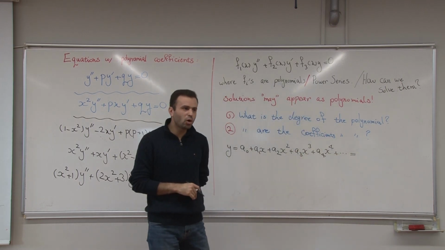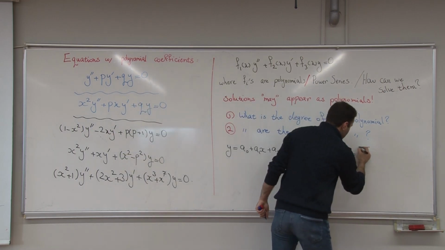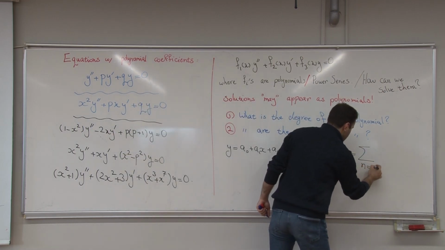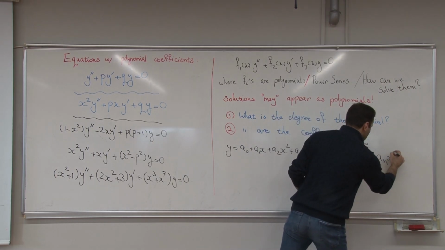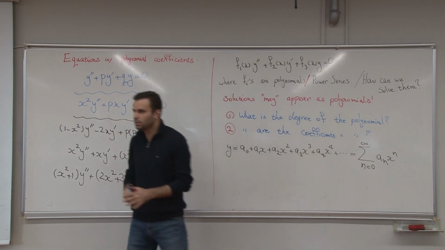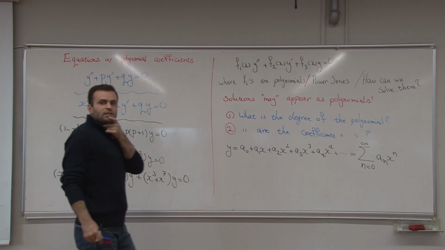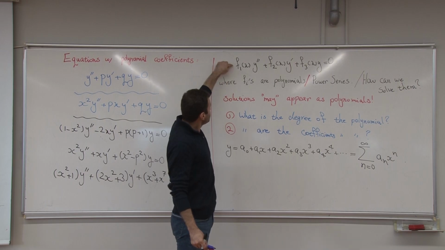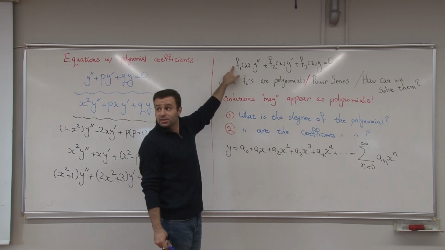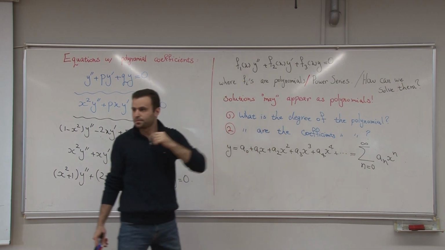Which is actually no more a polynomial, but a power series, that we show, if you remember from calculus, with this notation: the sum of a(n) x to the power of n. Okay? So our question reduces to this question. For a differential equation like this, what are the conditions such that we can find the power series solution? Okay?